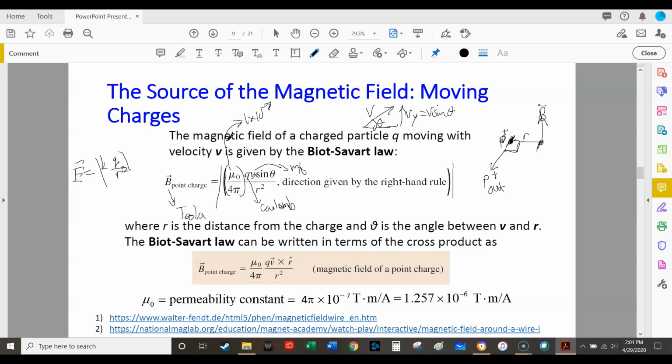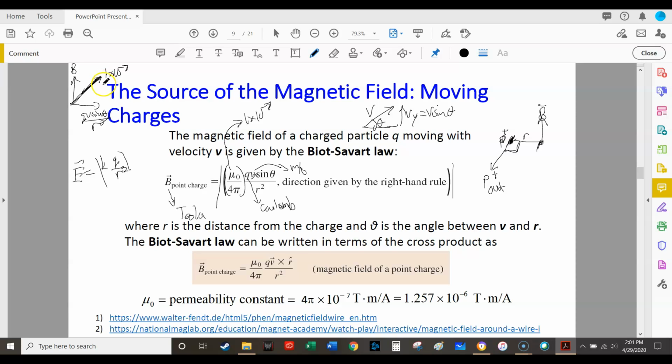So what it does is it reduces the size of this magnetic field, right? You find out that that constant drops out when you graph the magnetic field versus QV. How they found that constant is if you graph magnetic field versus QV sine of theta divided by r squared, you get a slope right here, and that slope is going to be 1 times 10 to the negative 7th.